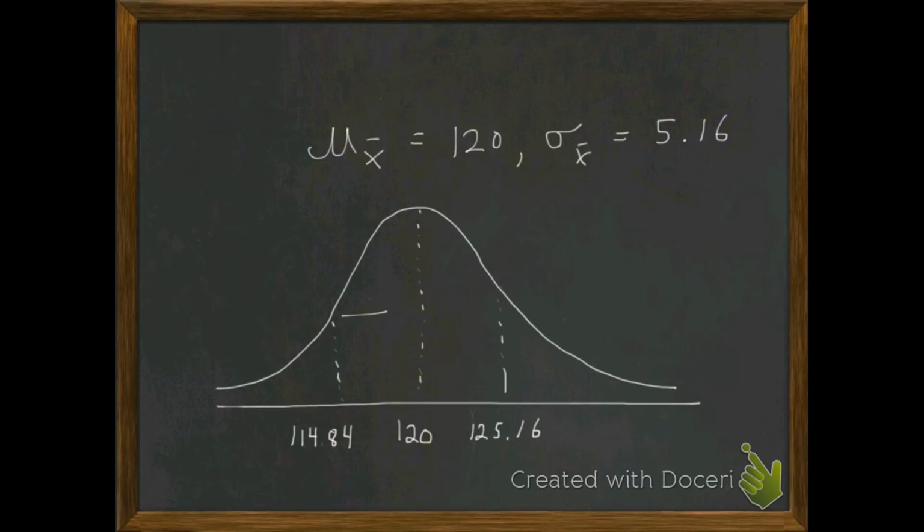So guys, 68% of the sample means will be between here and here. It would be very easy to go ahead and do the 95% just by adding and subtracting 5.16 again, which would give 130.32 on the top, and down here we would have 109.68.